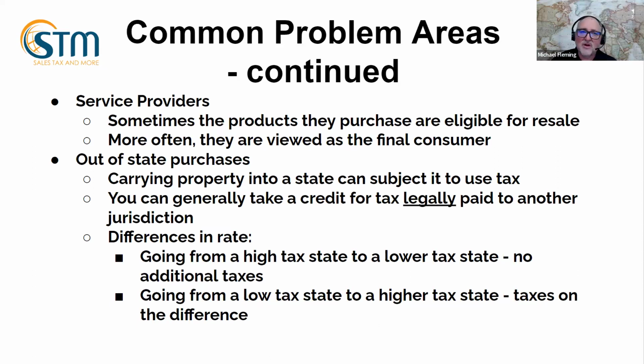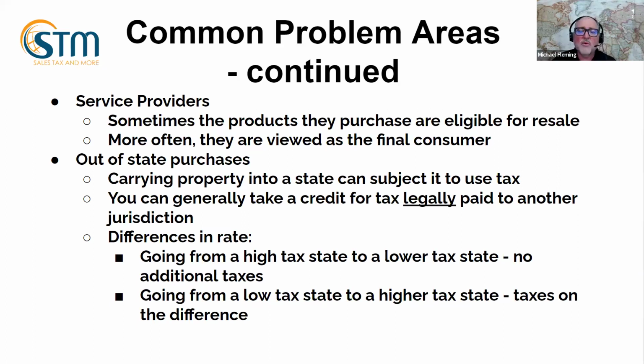Now, let's say I bought it in the state of Oklahoma, and I'm going to use it on a job in the state of Texas. And I purchased it in a low rate jurisdiction in Oklahoma, and I'm taking it to a higher rate jurisdiction in Texas.